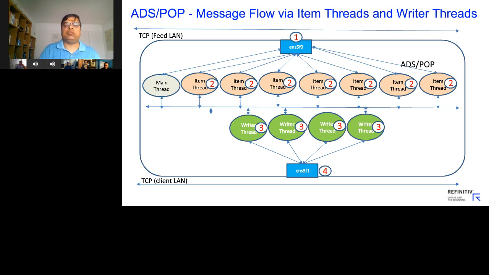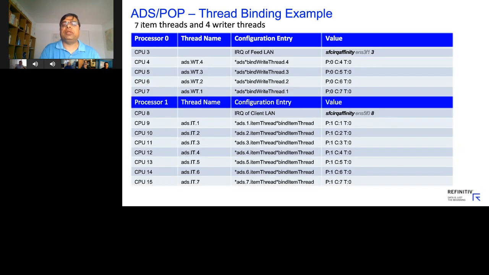So those are the four things that you have to account for in any binding exercise. And except for the NIC binding, you will see that you can do all the binding of the writer threads and the item threads in this case. I have left out the bind thread by default that can go to one of the unused cores. So that's how you configure those things.